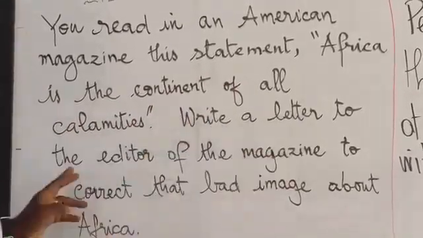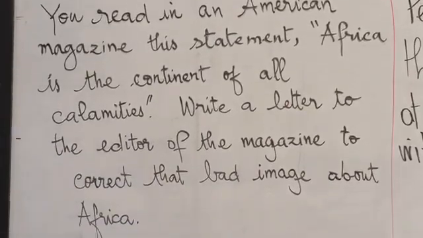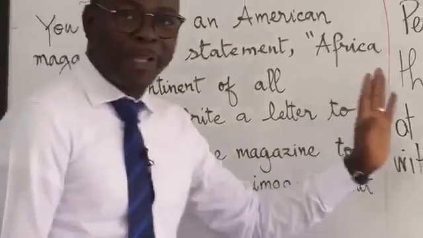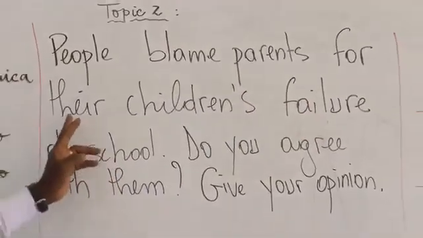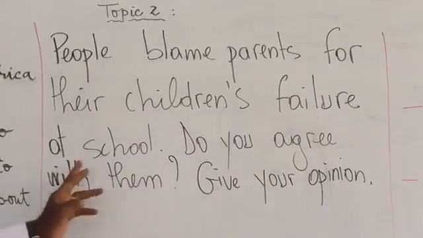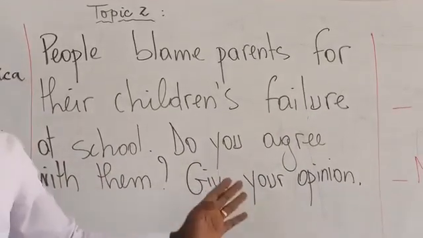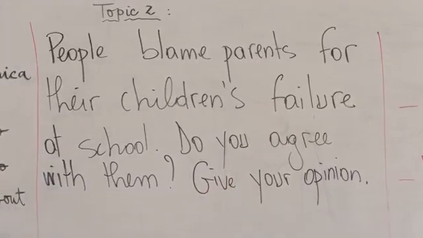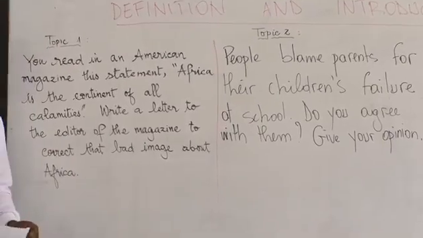Write a letter to the editor of the magazine to correct that bad image about Africa. Topic 2. People blame parents for their children's failure at school. Do you agree with them? Give your opinion. So, which one is an opinion essay?